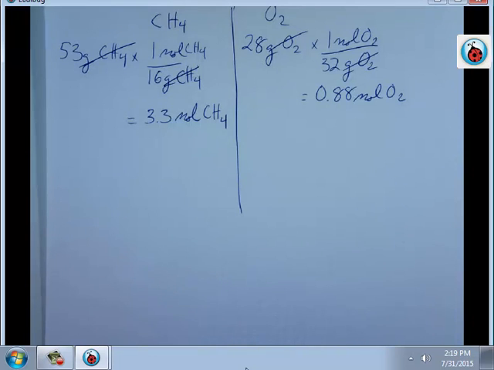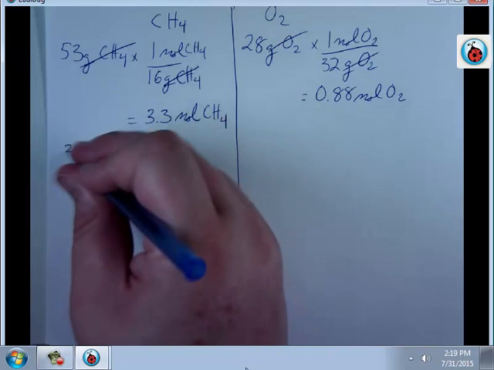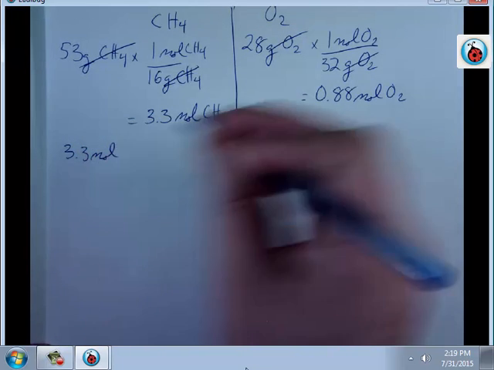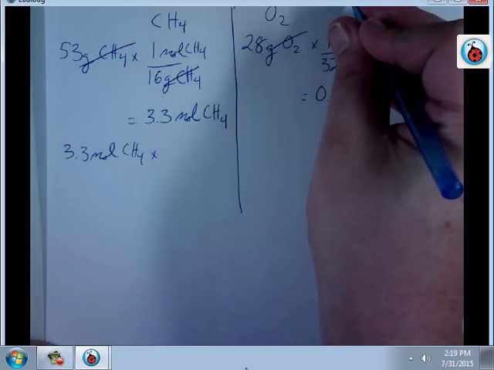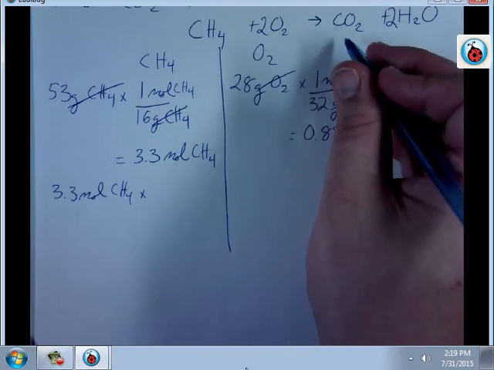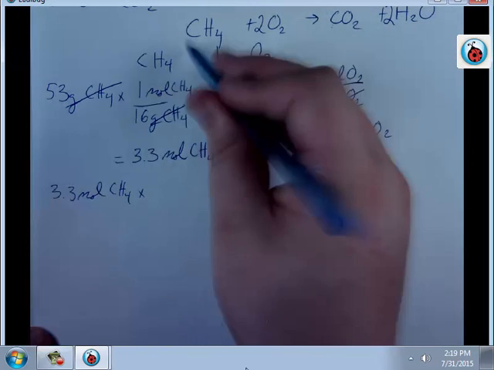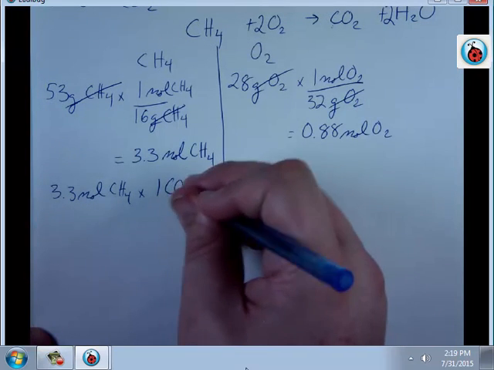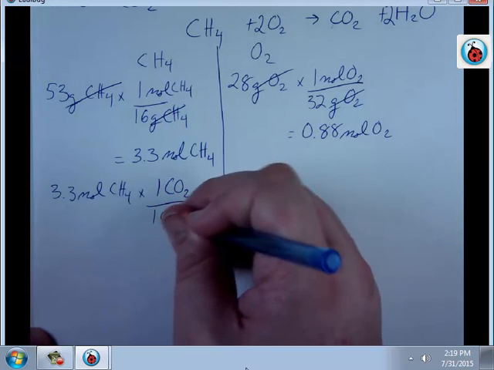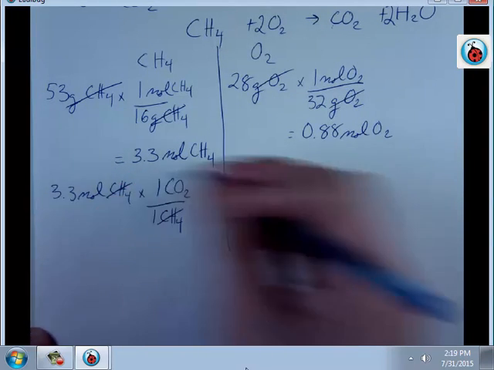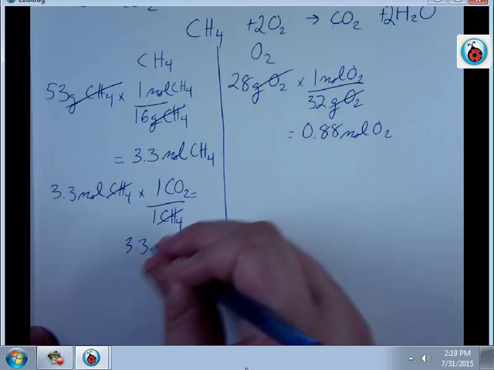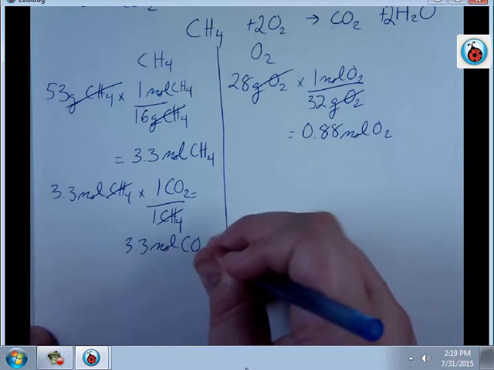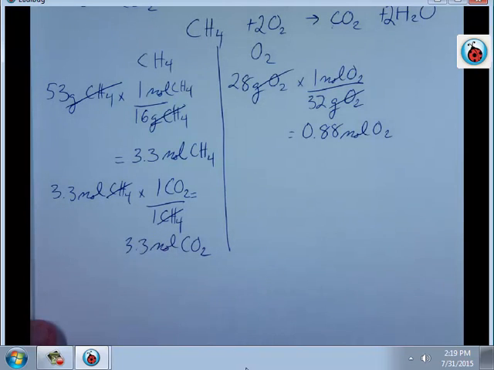Alright, now I'm going to go to my moles of CO2. So 3.3 mole CH4 times, and it's 1 CO2 for every 1 CH4. Oops, hold this down a bit so we can get the reaction up there. So I get 3.3 mole of CO2. Now I'm going to do the same thing for the oxygen.